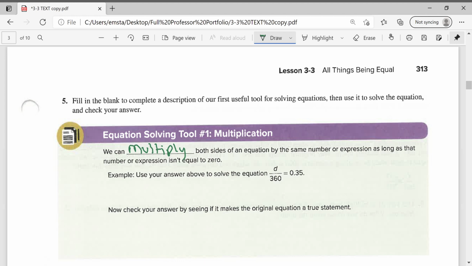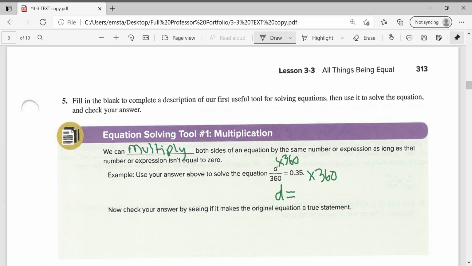To undo divided, I would multiply both sides by 360. Which will leave me with d equals, you can use your calculator to do 0.35 times 360.